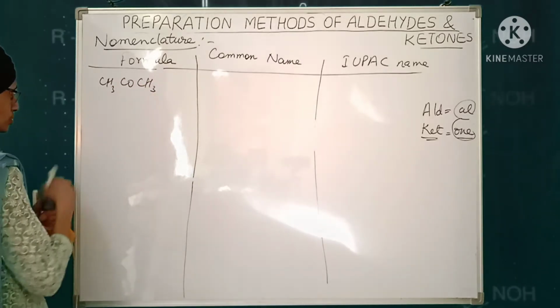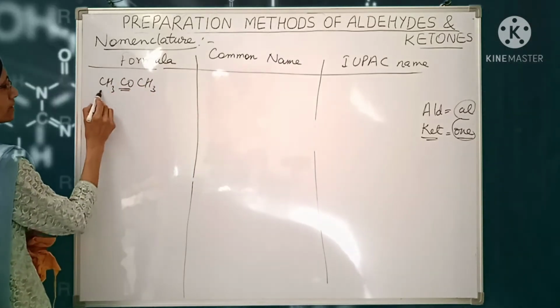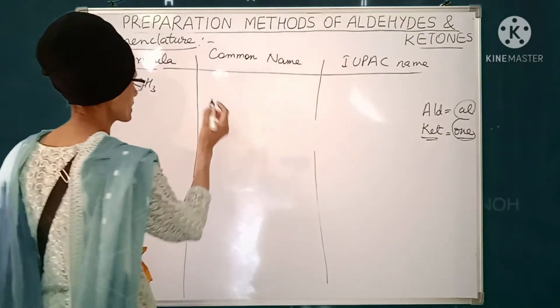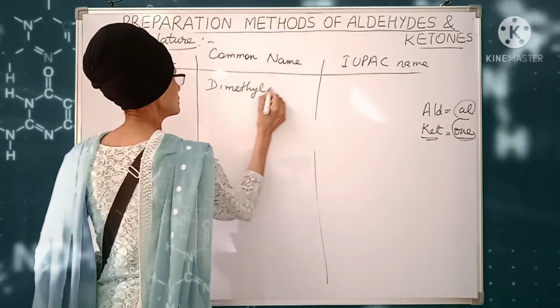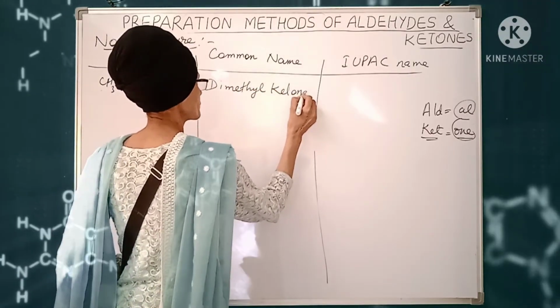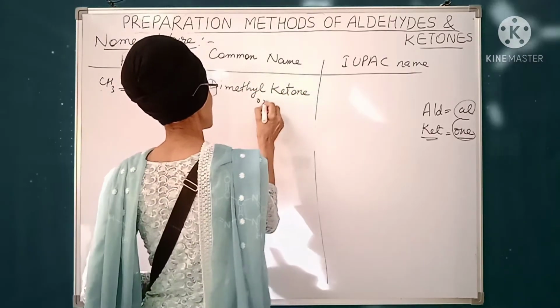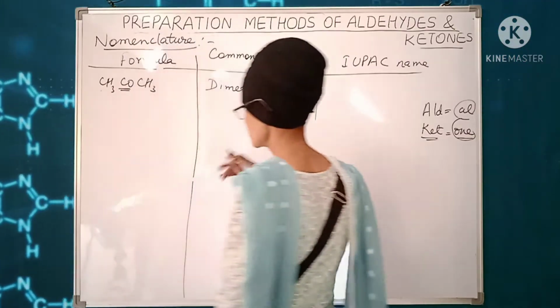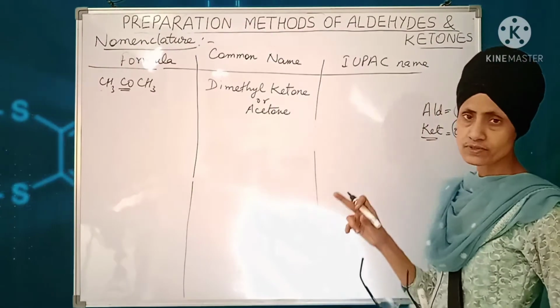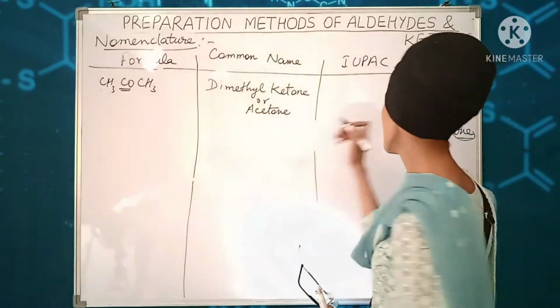Common name: this is the ketonic group, and there is a methyl group on either side. So the common name will be dimethyl ketone, or acetone also is its common name, but the IUPAC name is given according to the number of carbon atoms. So 3 carbon atoms are there.